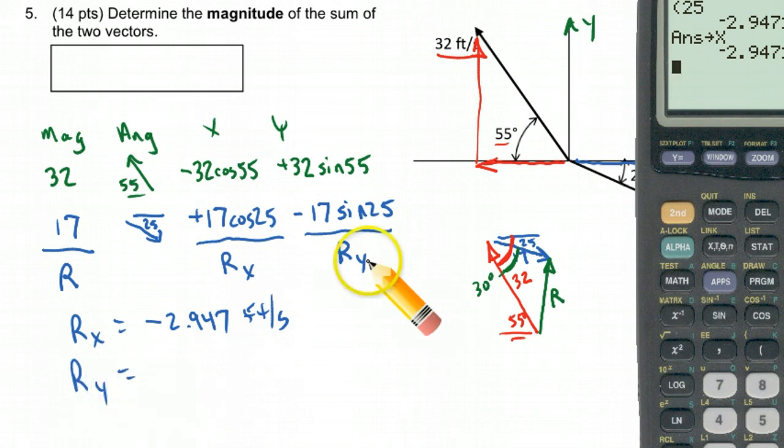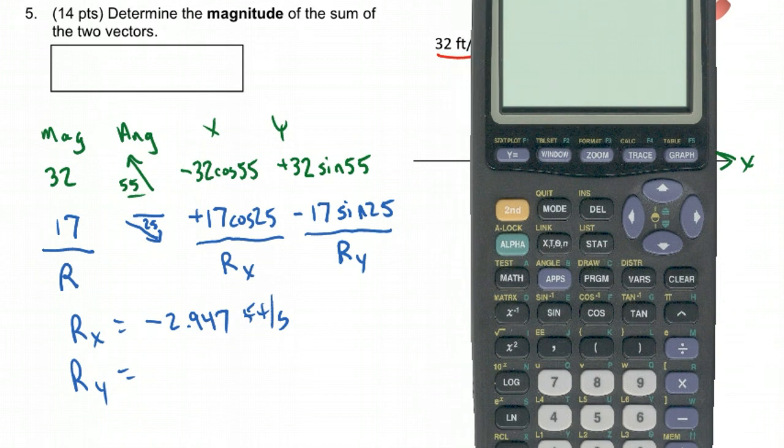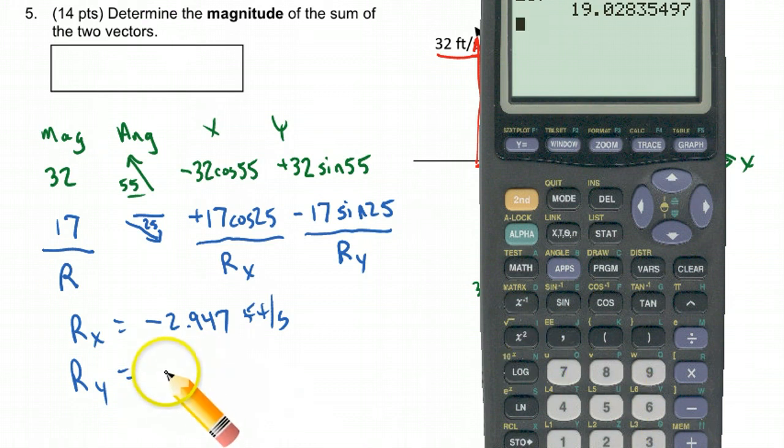R sub y, let's do the same calc. So it's these two numbers right here, 32 sine 55 minus 17 sine 25. 19.03028.